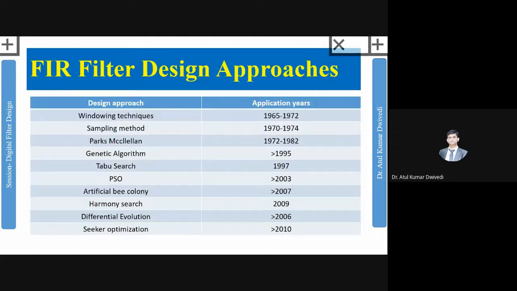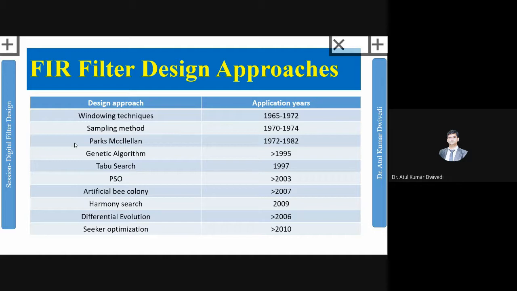Now, I would like to go through the approaches in FIR filter design. FIR filter design started from the time when digital processors, digital techniques and digital ICs started. Windowing techniques are actually a very old technique.